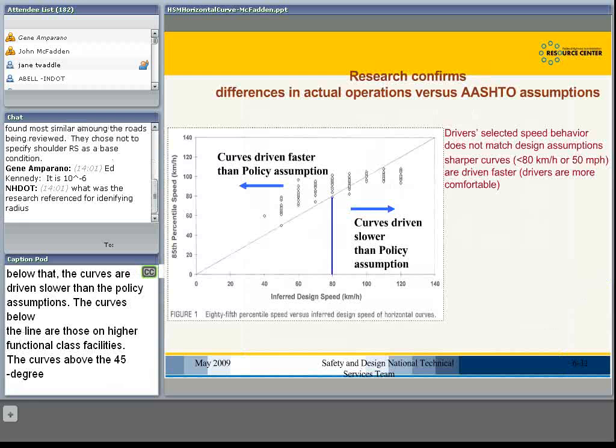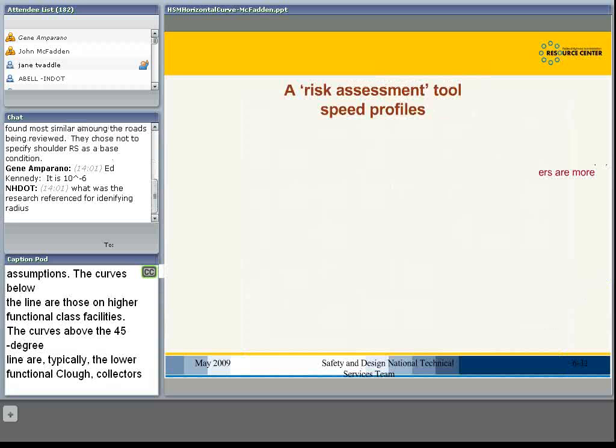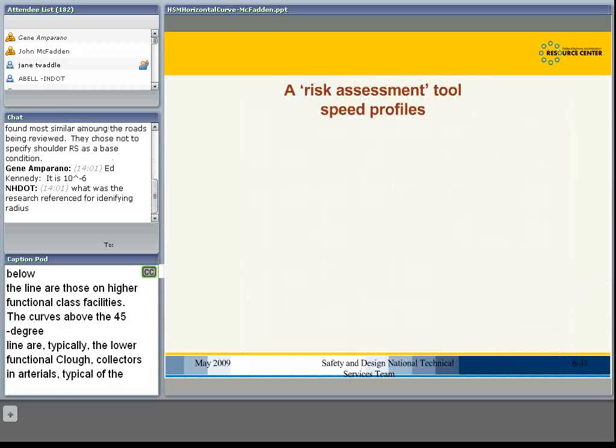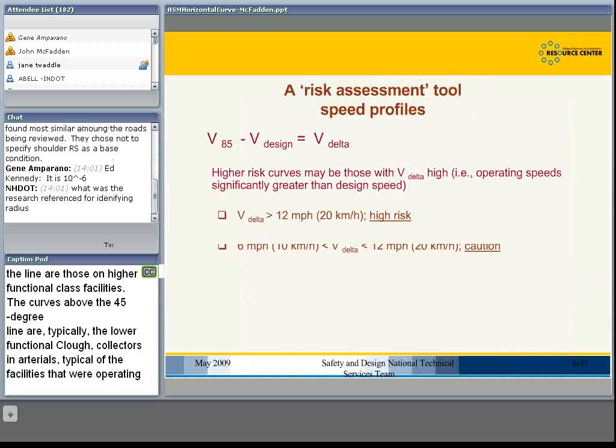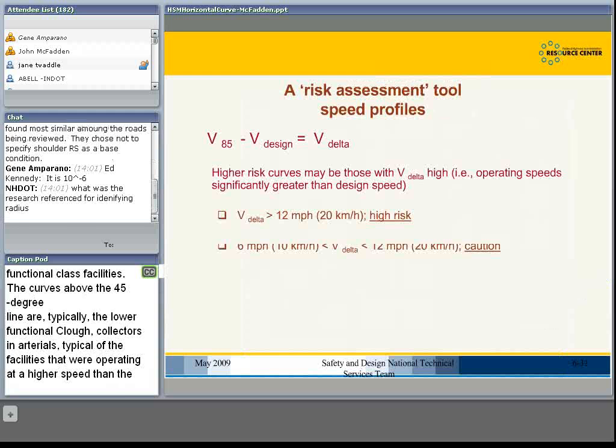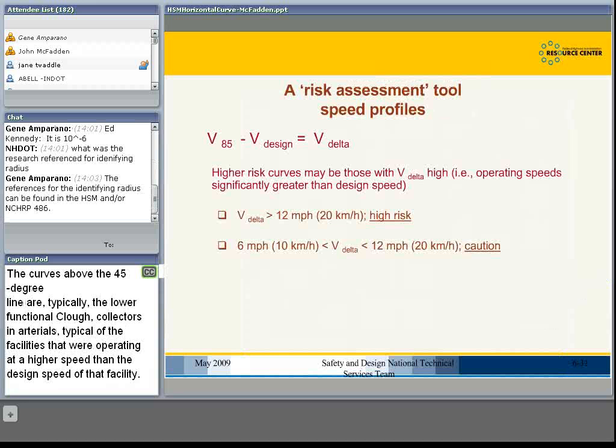Curves above the line are typically on lower functional class facilities, which were operating at a higher speed than the design speed of that facility.